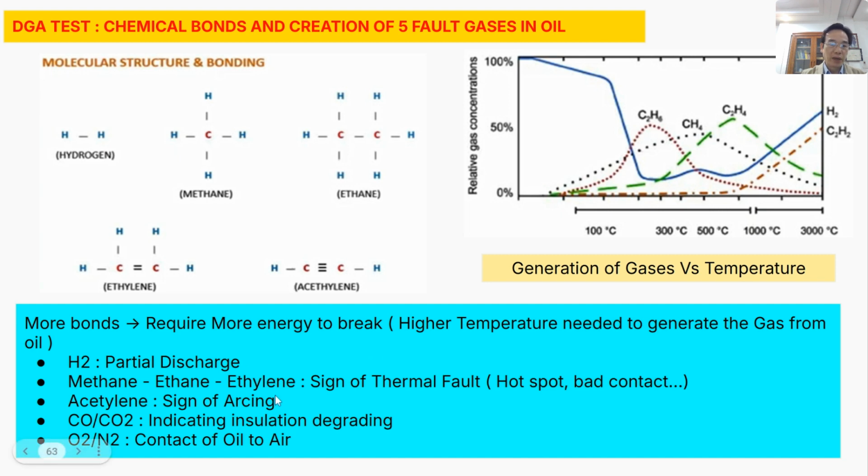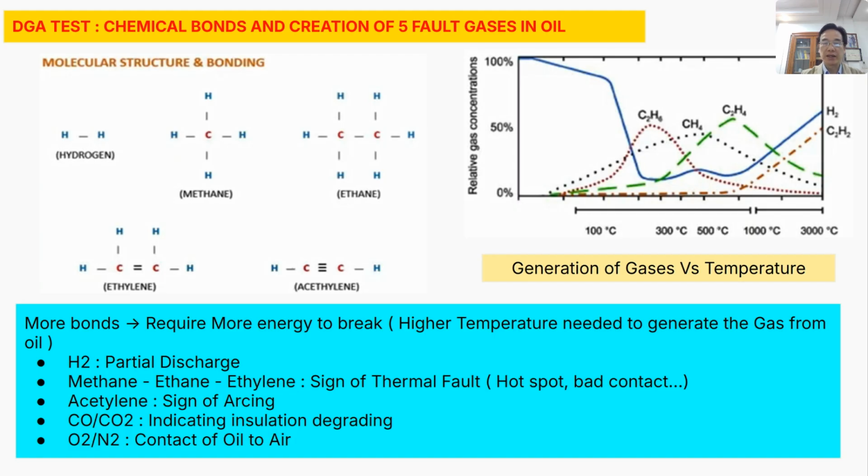The other two gases we consider in the transformer are O2 and N2, oxygen and nitrogen. Where do they come from? Oxygen and nitrogen come from the atmosphere, which is a sign that the oil is exposed to air. How can the oil be exposed to air? Typically it could be from an oil leak.